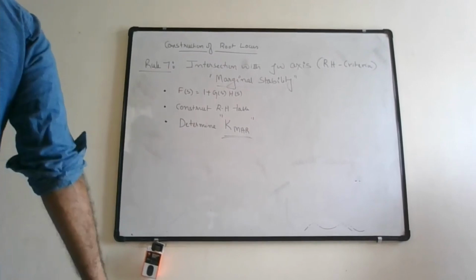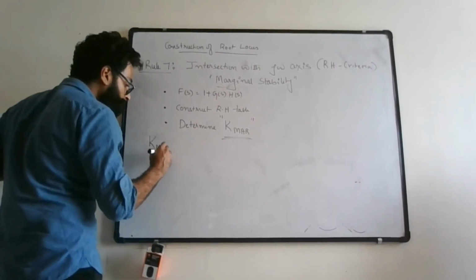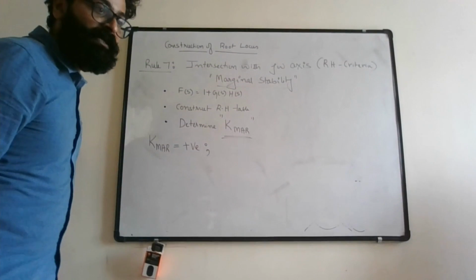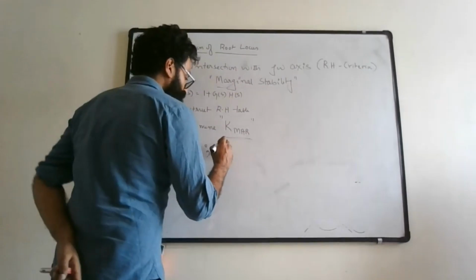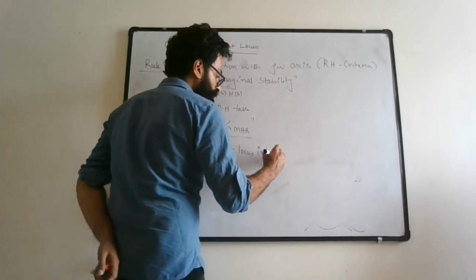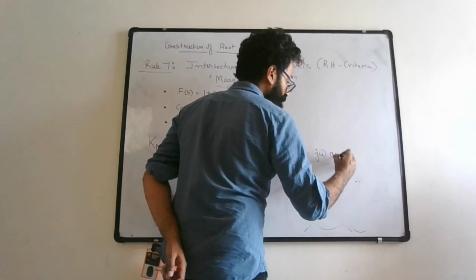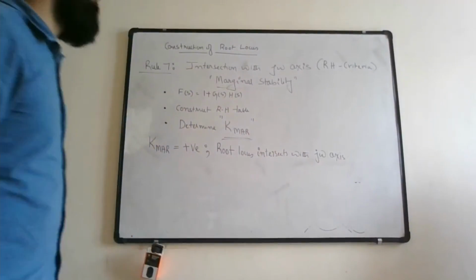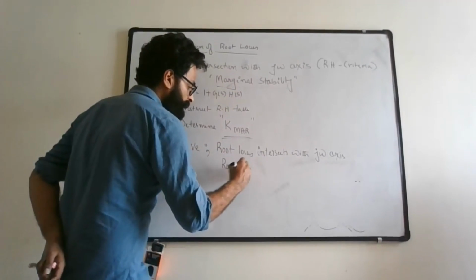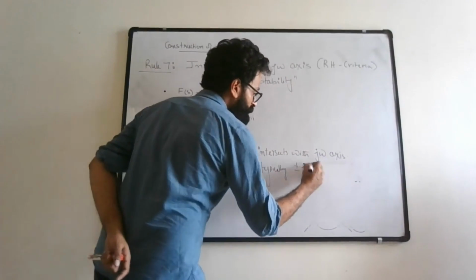Now, once you get the K marginal, if your K marginal is positive, that is to say, if you get K marginal as a positive real number, you can say that the root locus intersects with the j omega axis, and the roots are typically plus or minus j omega.